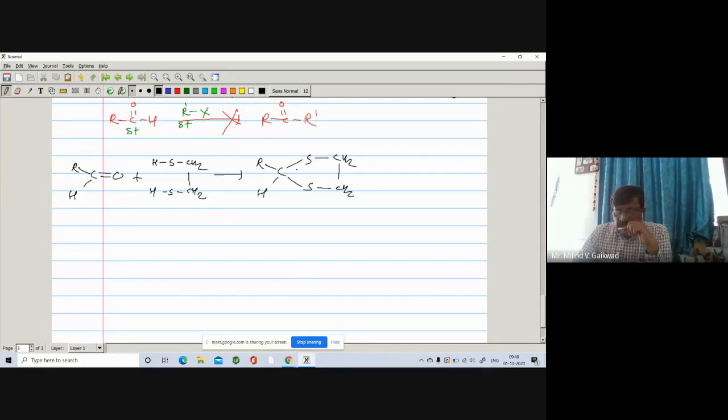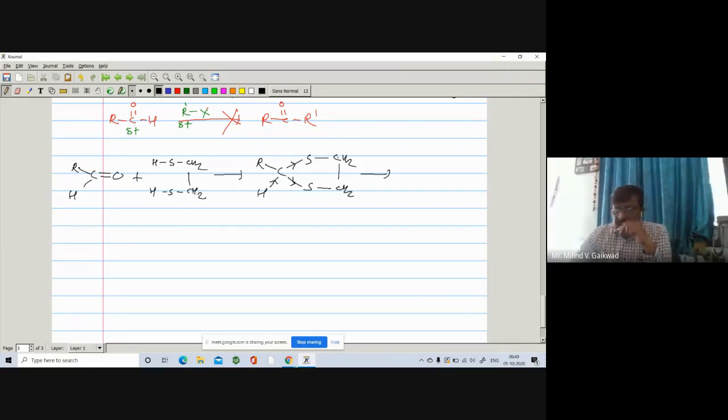This hydrogen is directly attached to the carbon which is attached to the sulfur. Sulfur belongs to the oxygen family, so it exhibits a minus I effect. As a result, the hydrogen directly attached to the carbon is pulled toward this carbon. So in this case we cannot attack on this carbon, because this carbon has a positive charge. This R positive cannot attack on this C positive.